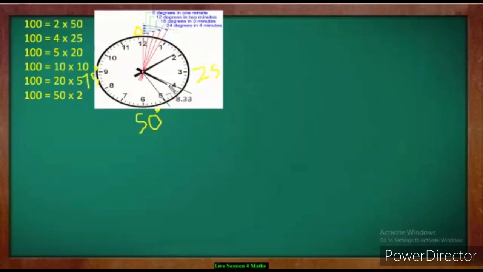And here a strange fact is that if the hour hand covers 1 hour, how many degrees will the clock cover? The total is 100 degrees, divided by 12, which will give us 8.33 degrees.